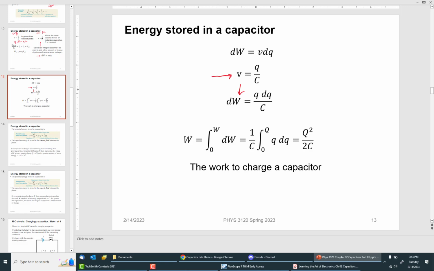And this is how you arrive at the energy stored in a capacitor. For us, the idea is that as you keep adding Q, it gets harder and harder. That's the takeaway. And that's why we need this integral to get this answer.